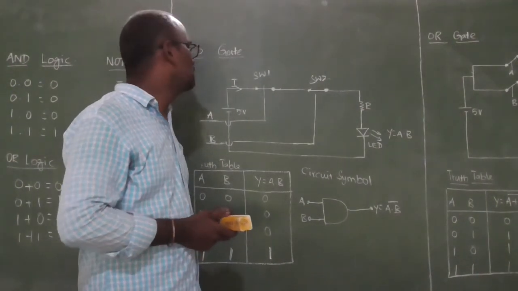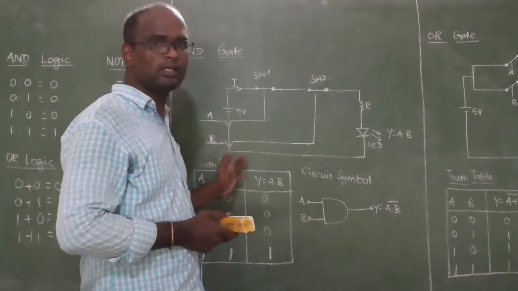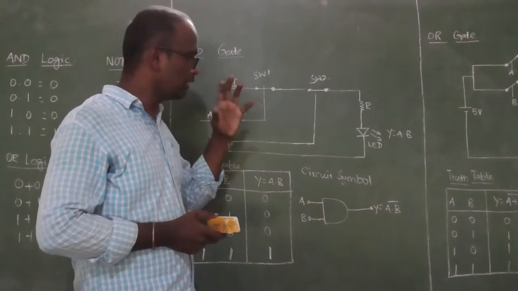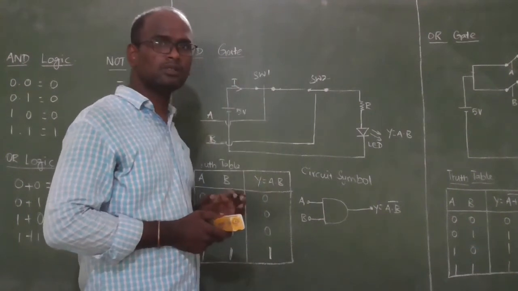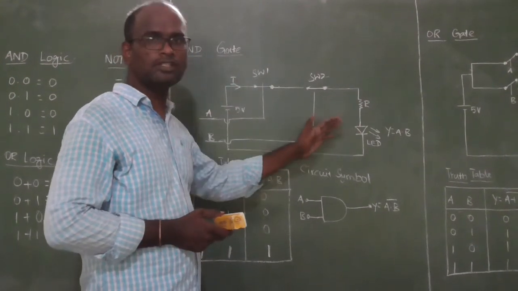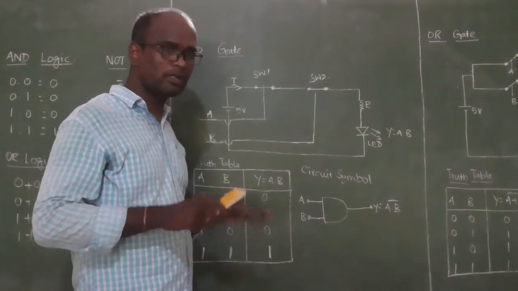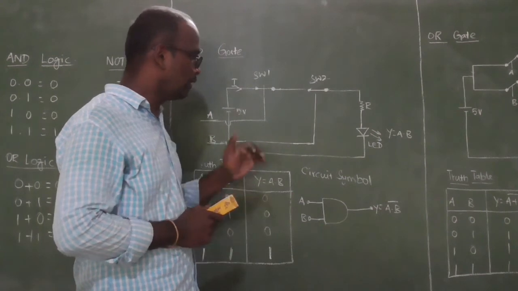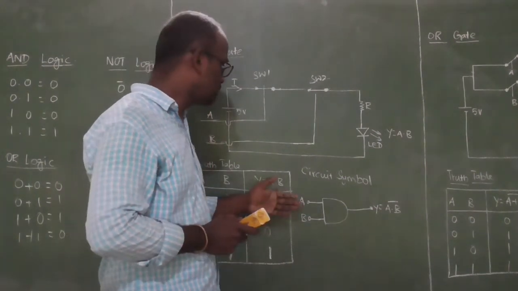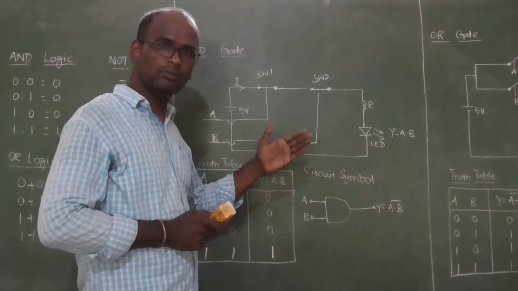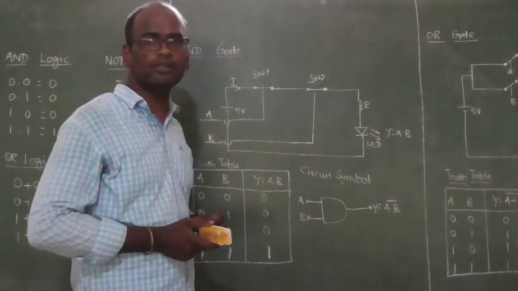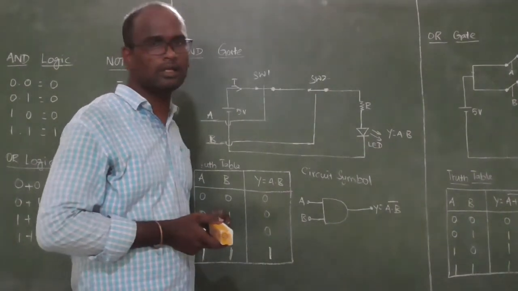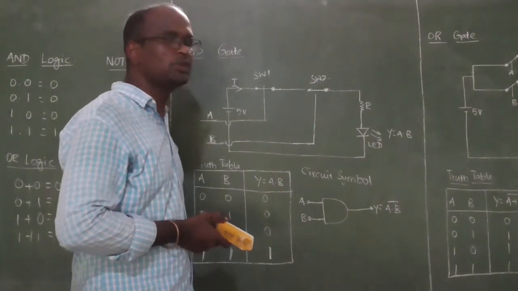We may not be able to draw the whole circuit of an AND gate for a single AND gate, so that it can take a large space on the paper. So for that case we have to use the circuit symbol for the AND gate and OR gate and NOT gate, etc. For all the other gates we can use the circuit symbols.